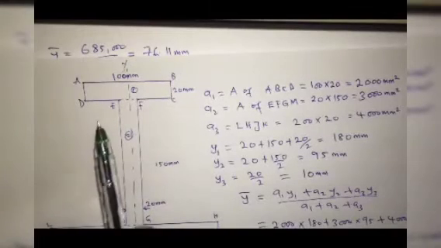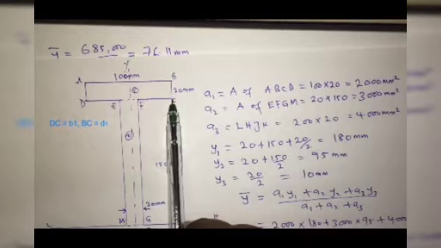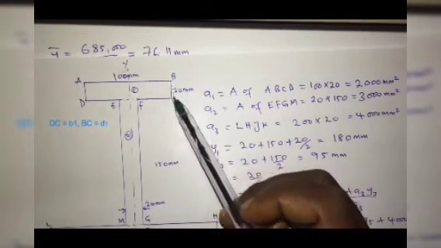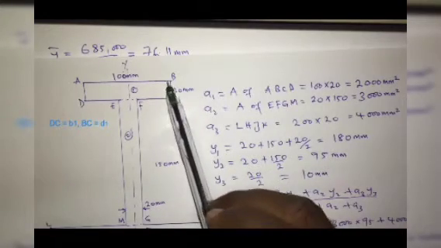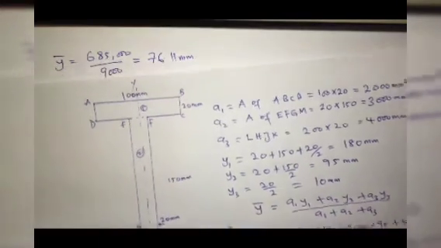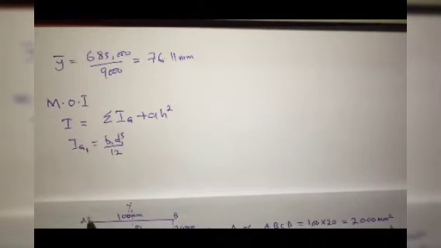When you substitute the values of B and D, B is 100 and D is 20 millimeters.